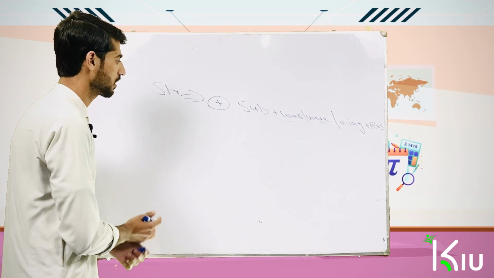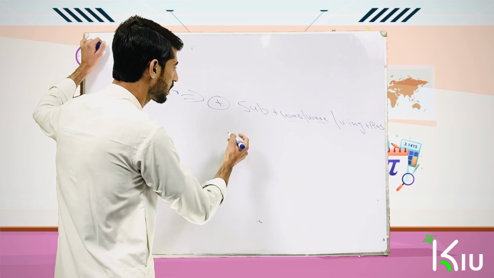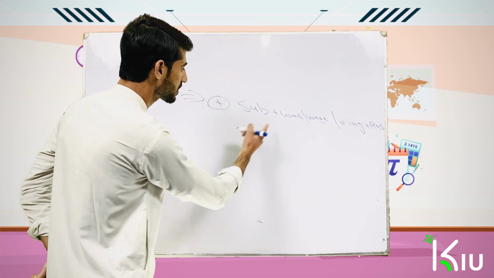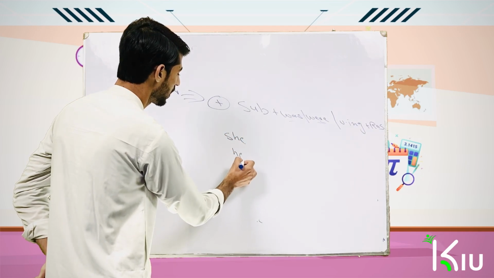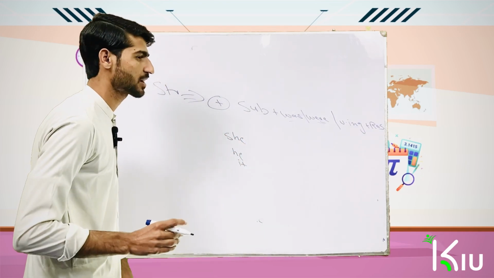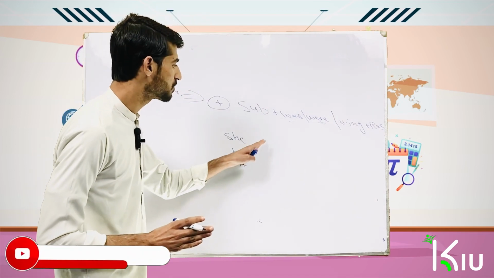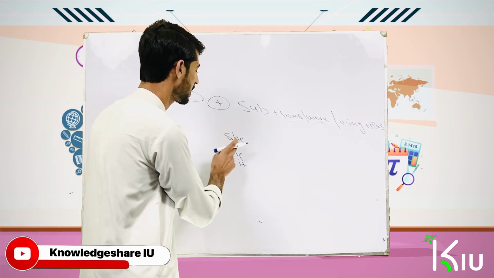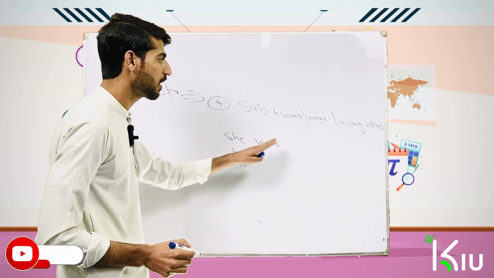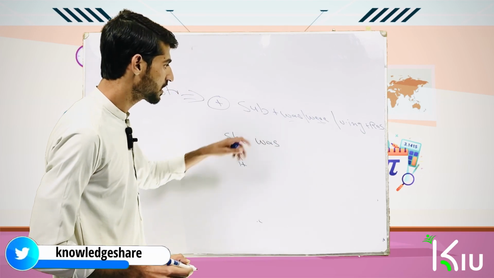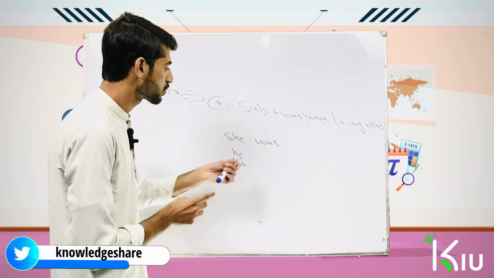Let's see. I'll give you some examples, then you will understand that. If the subject is singular, she, he, or it, then we will use was. For example, she was. Now with that, the subject is singular, so that's why we use was.